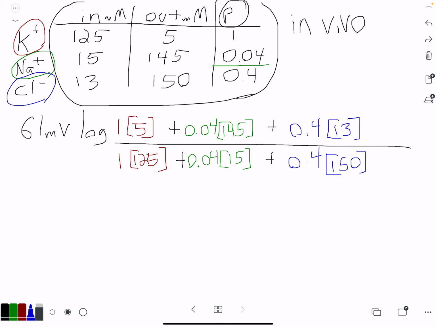Okay. So, and I'll sort of do things piecemeal here.